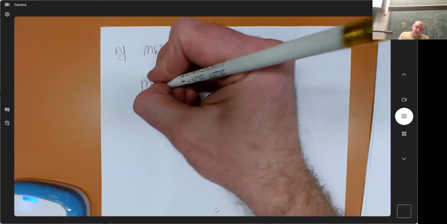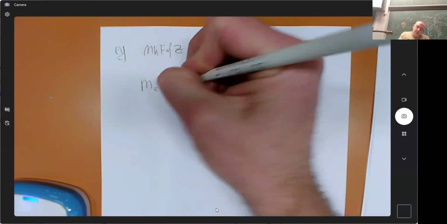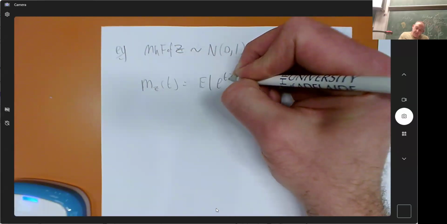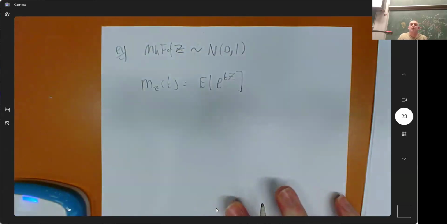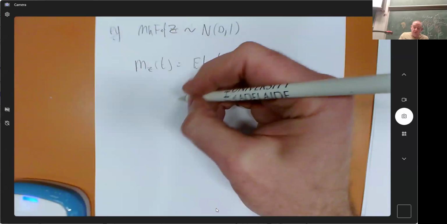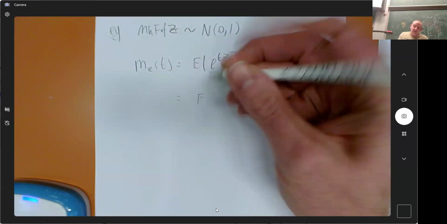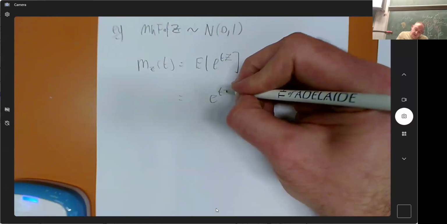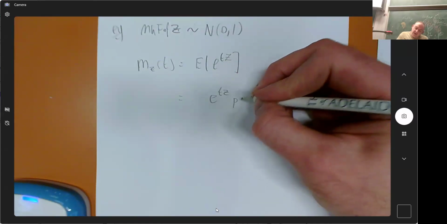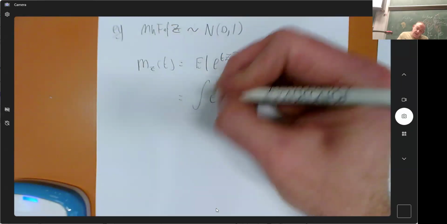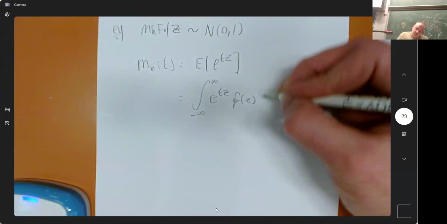So the moment generating function for Z at t will be the expected value of e to the tz. And this being a continuous distribution, the expected value of e to the tz will be multiplying e to the tz by the probability of z, so f of z, and then integrating that across all of the z's that are possible.